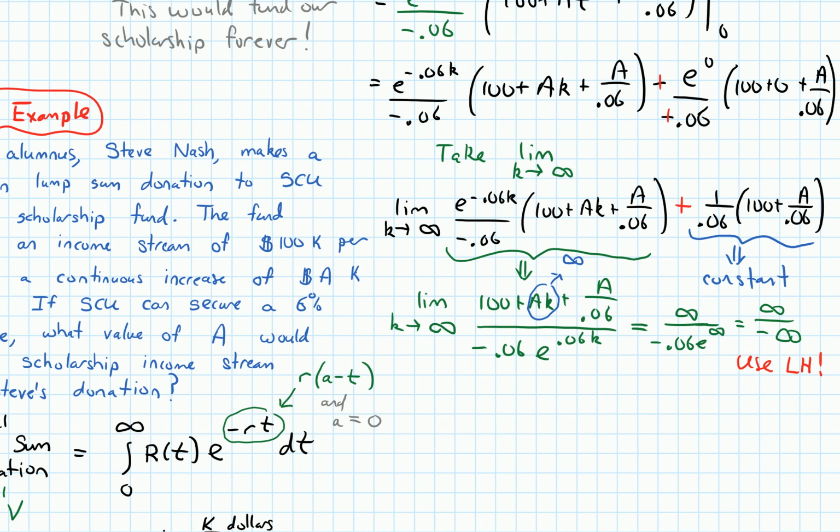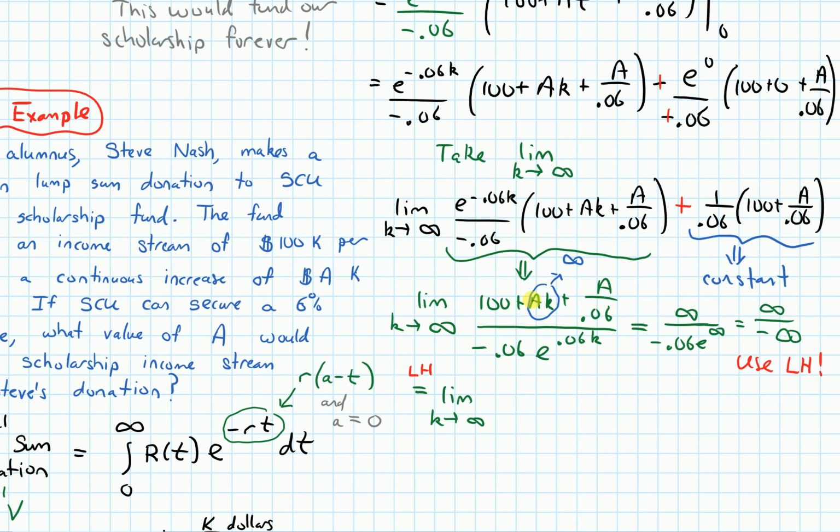Let's use L'Hopital's, and that's going to give us this equals, let me write LH over my equal sign to indicate I'm using L'Hopital's. So the limit as k goes to infinity. I'm taking the derivative with respect to k, which means the 100 and a over 0.06 are treated as constants.